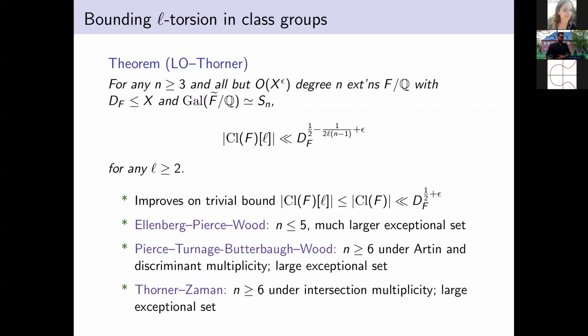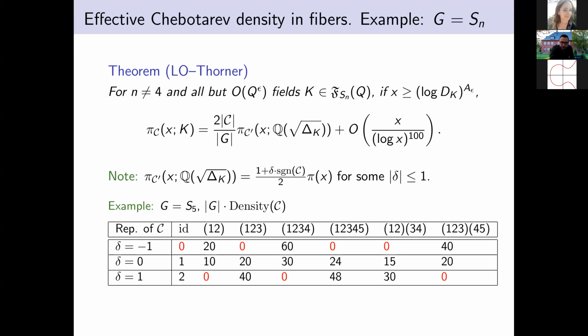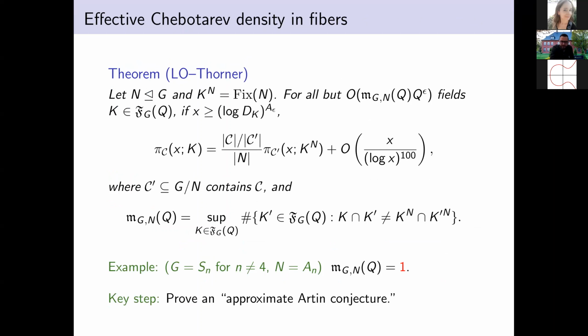There are definitely some other natural n and g to consider. A nice thing that happens about Sn is that it has a unique minimal normal subgroup. This is actually true for S4 as well, with the Klein 4 subgroup. So this intersection multiplicity that Jesse and I need to consider, this m_G,N, is going to be 1 whenever you have this unique minimal normal subgroup.